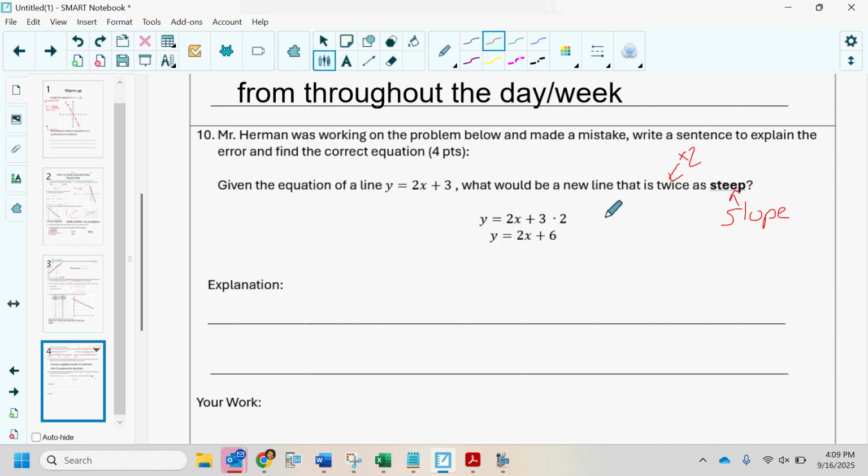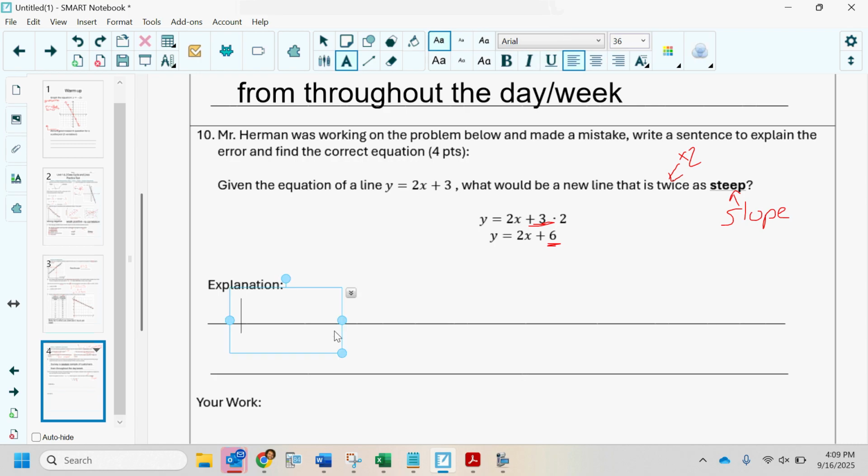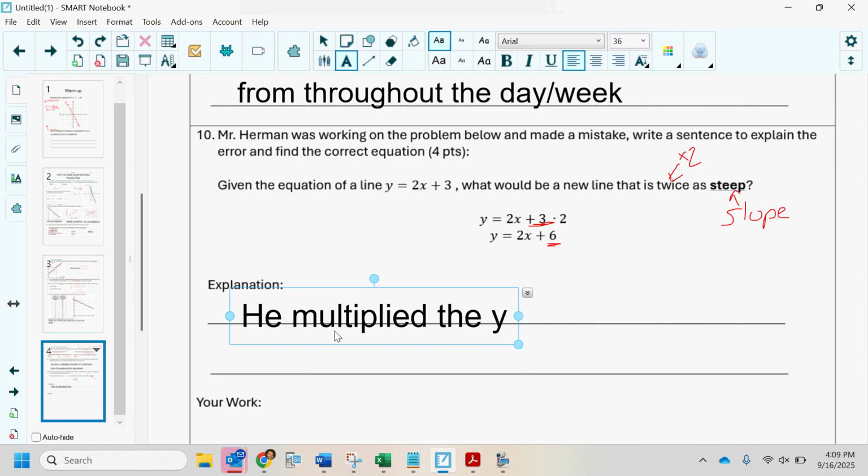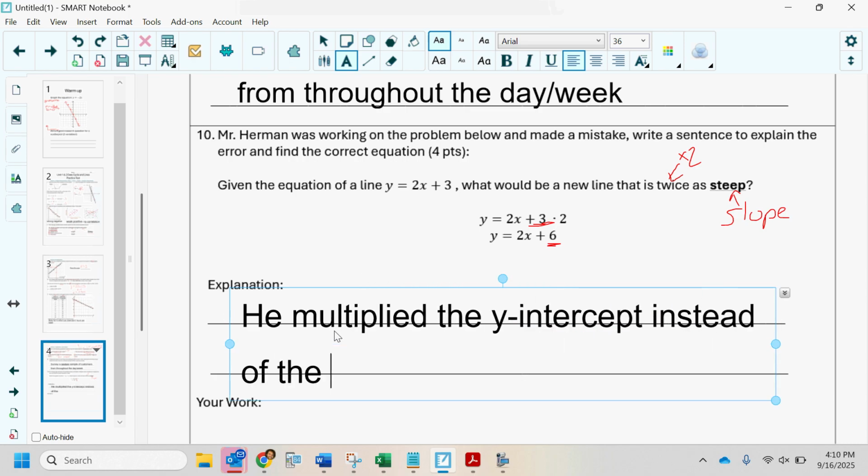So let's look at Mr. Herman's work here. So we have y equals 2x plus 3, and that's what we started with, and then he's going to multiply by 2. So he's going to multiply the 3 by 2. Now, here we have an issue, because what's the number hanging off the end? Is that the slope? No, that's the y-intercept. So he multiplied the y-intercept instead of the slope.